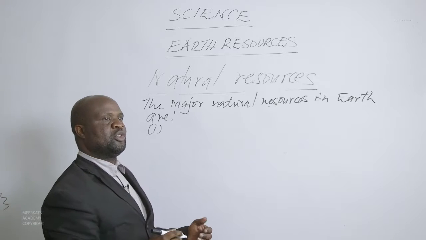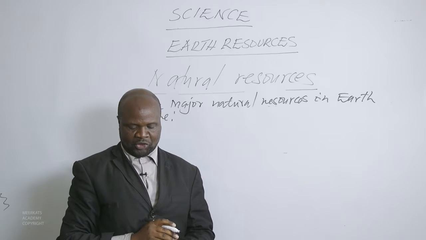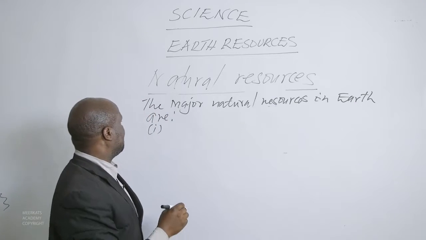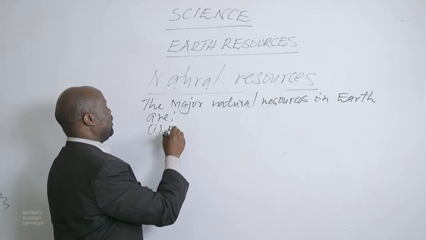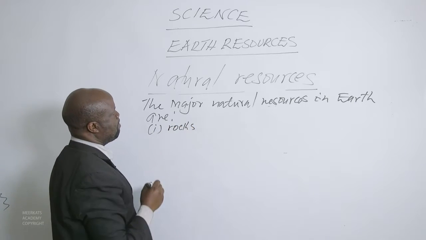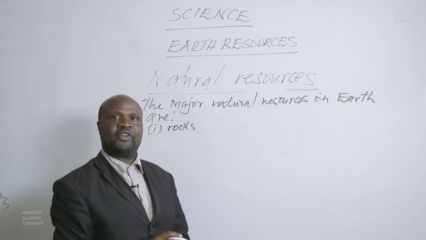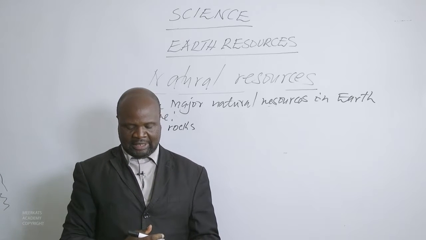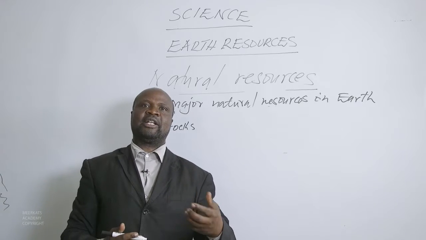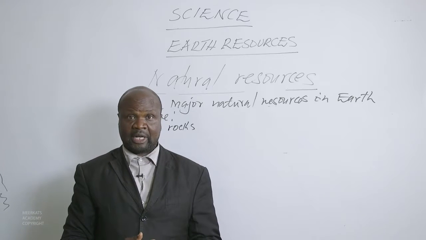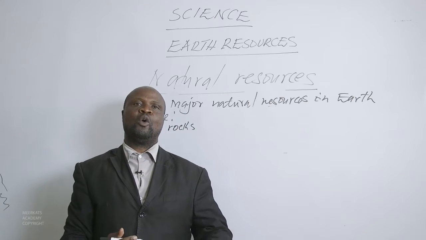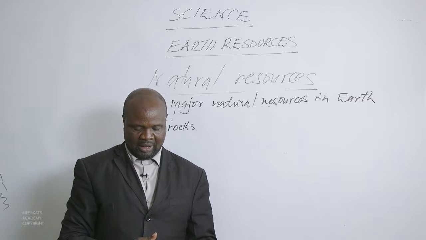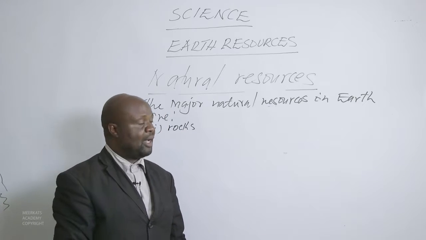We can start with the first one, which we had mentioned. We can say rocks. Rocks are very important. We had said earlier that from rocks we can get minerals, we can get metals that are important, and we can use them for other important activities.